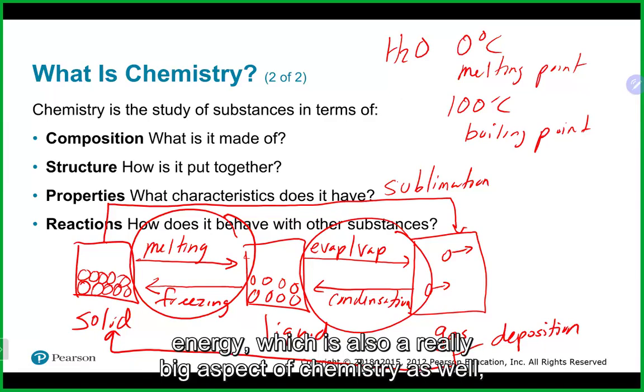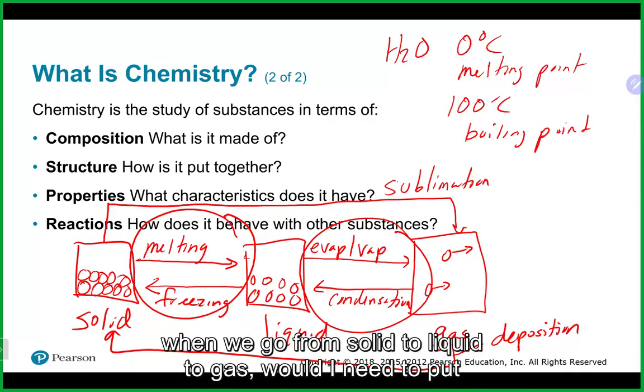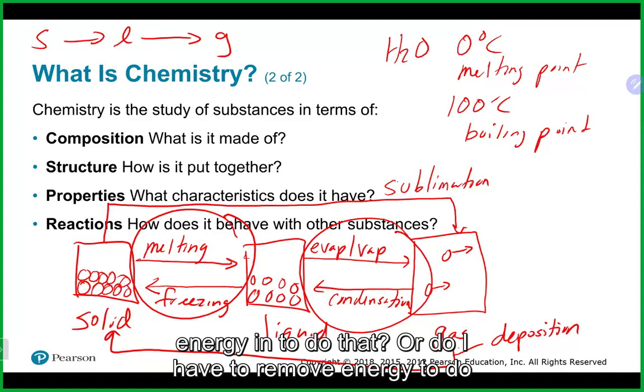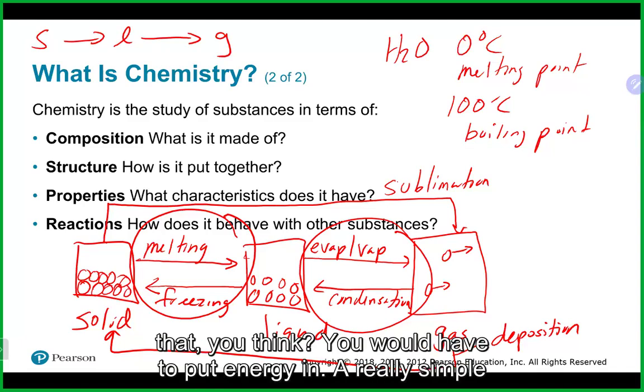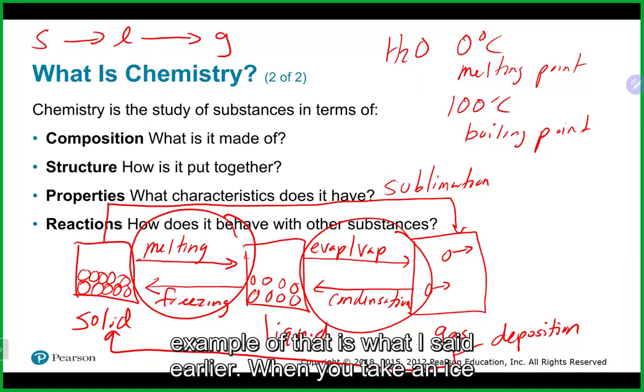So when we talk about energy, which is also a really big aspect of chemistry as well, when we go from solid to liquid to gas, would I need to put energy in to do that, or do I have to remove energy to do that, you think? You would have to put energy in. A really simple example of that is what I said earlier.